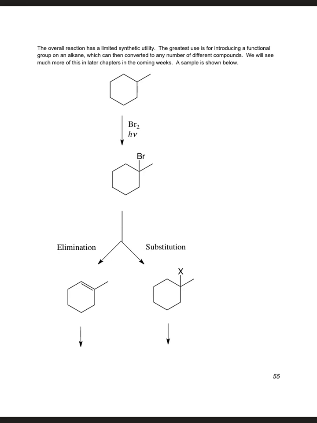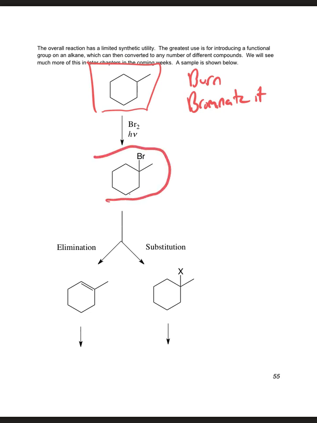Okay, and then overall, we can do many different things with all of this. If we start with an alkane, there are 2 things we can do to it. We can burn it, and we can brominate it. If we burn it, we get carbon dioxide. We're not getting anywhere. If we brominate it, we put a bromine onto it on the most substituted carbon.